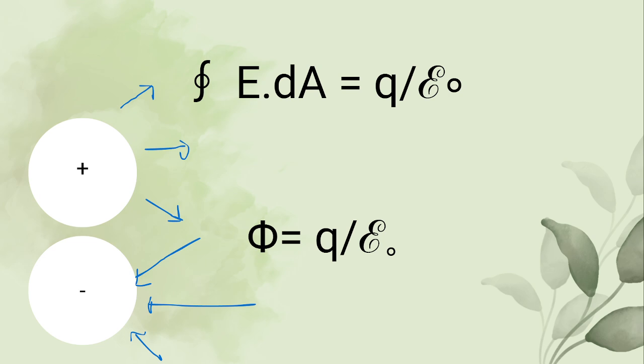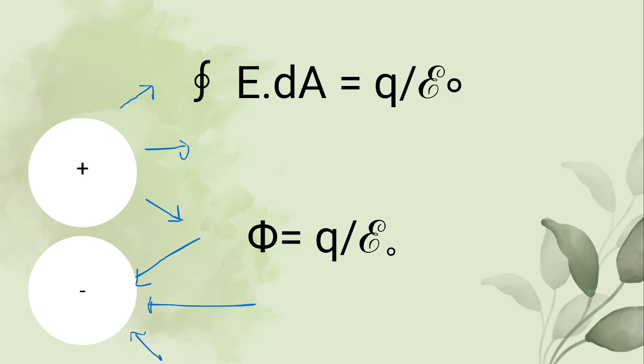Engineers use Gauss's law to predict how electric fields will behave around these metallic conductors. This helps them design electrical circuits and devices that work safely and efficiently. For example, sometimes when we enter an elevator, our phone loses signal. It can be explained by Gauss's law, how the electric field inside the metal enclosure works.